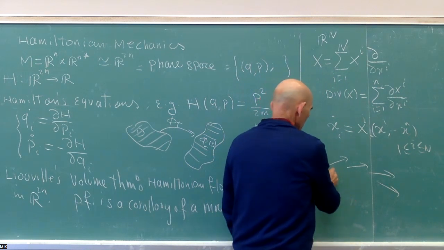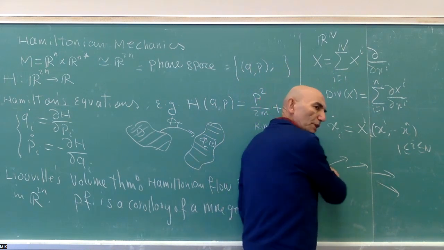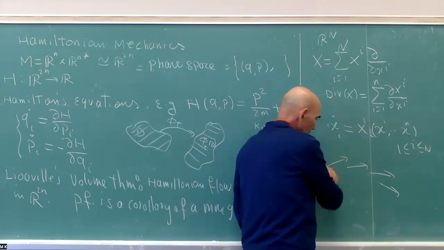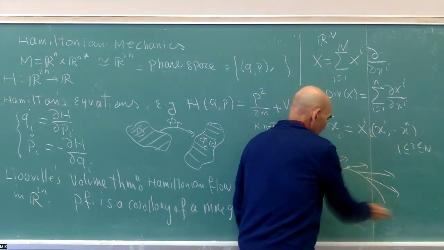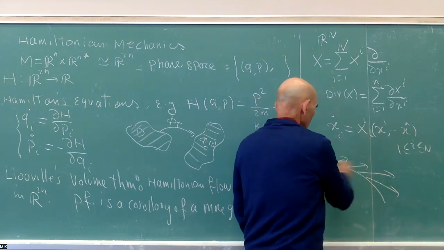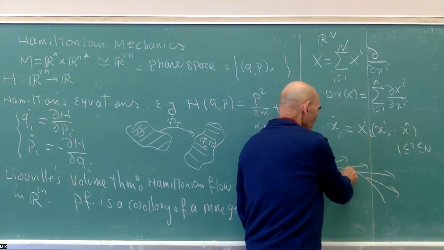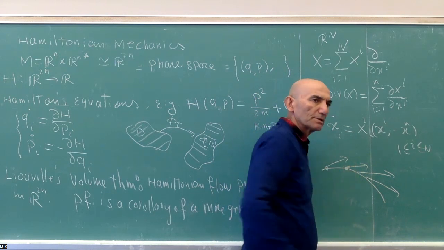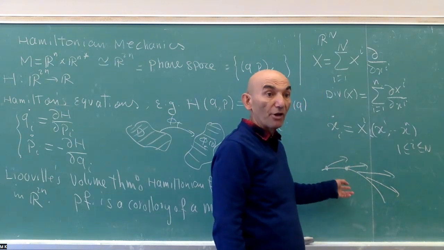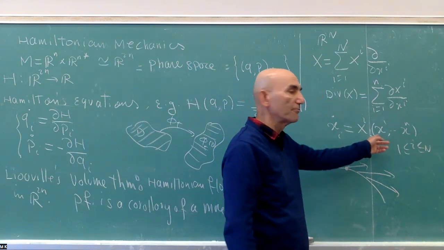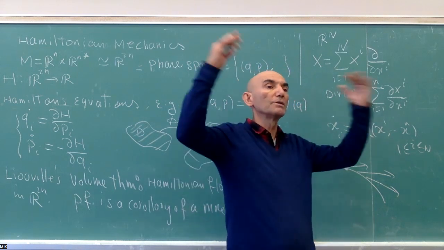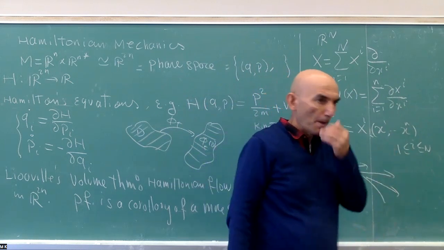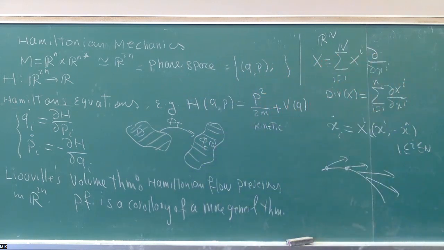In other words, if you take any point, there is a unique integral curve, a unique solution that goes through that point, and at each point the velocity of the curve is exactly the vector field at that point. So this fills the whole space with integral curves, with solutions.